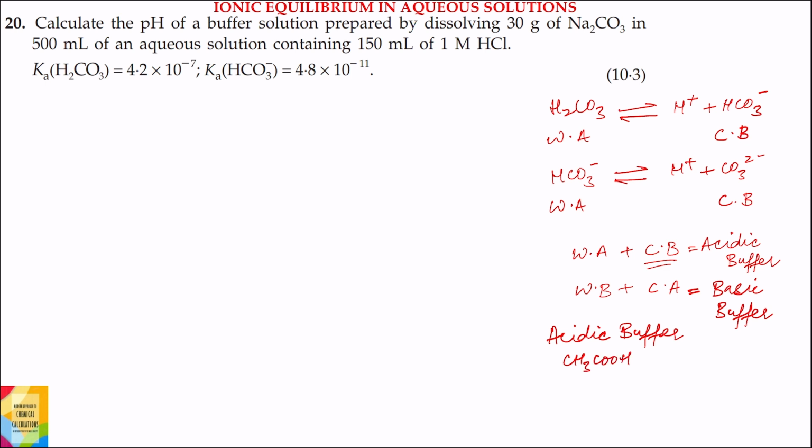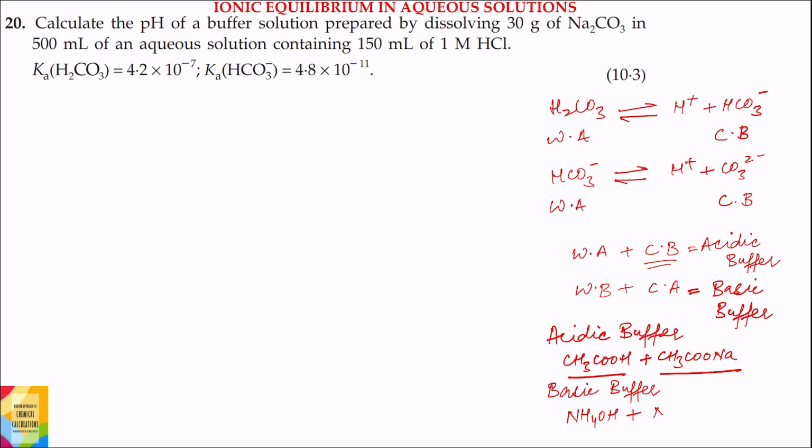This is the weak acid and its conjugate base, which is usually present in the form of its salt, that is CH3COONa. So CH3COOH and its salt with a strong base. This is acidic buffer. Weak acid and its salt with strong base. Basic buffer will be a weak base like NH4OH plus its conjugate acid.